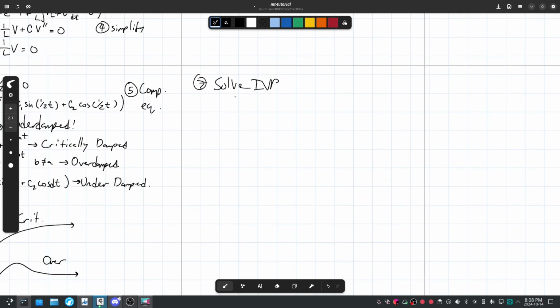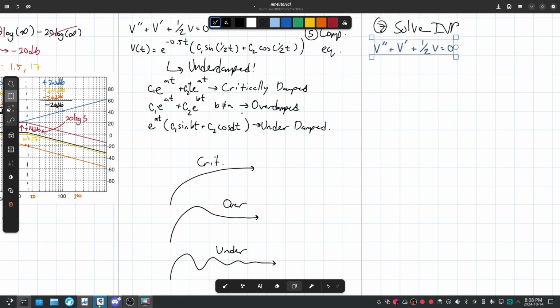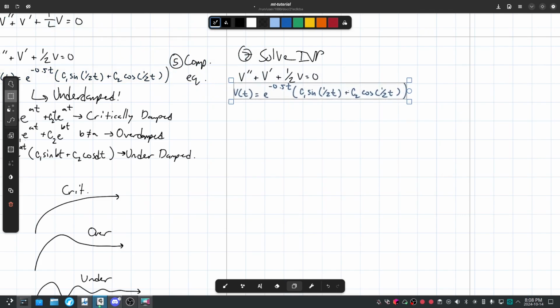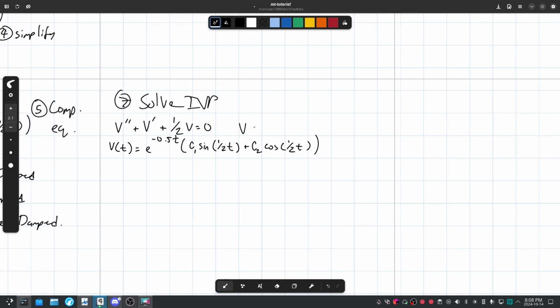And now we just repeat everything that we know. So we have our differential equation here. We have our complementary solution, which is really what's important. And we have our steady states, or our initial conditions. So that's going to be V at 0 is equal to 0, and V prime at 0 is equal to 1.